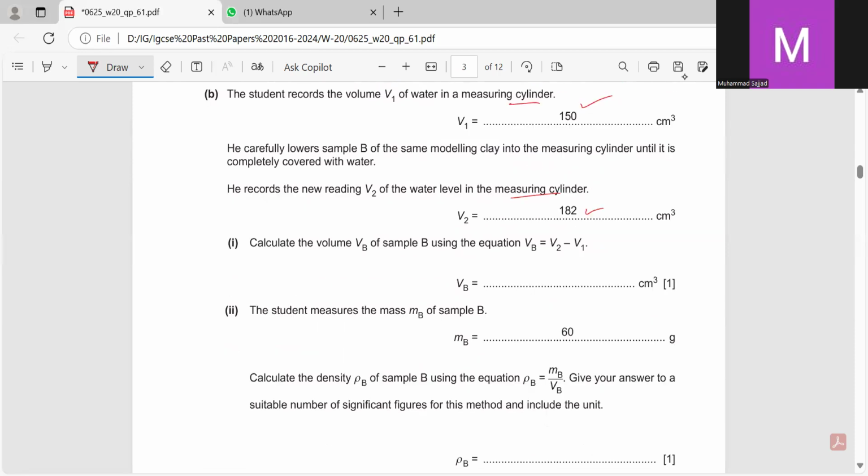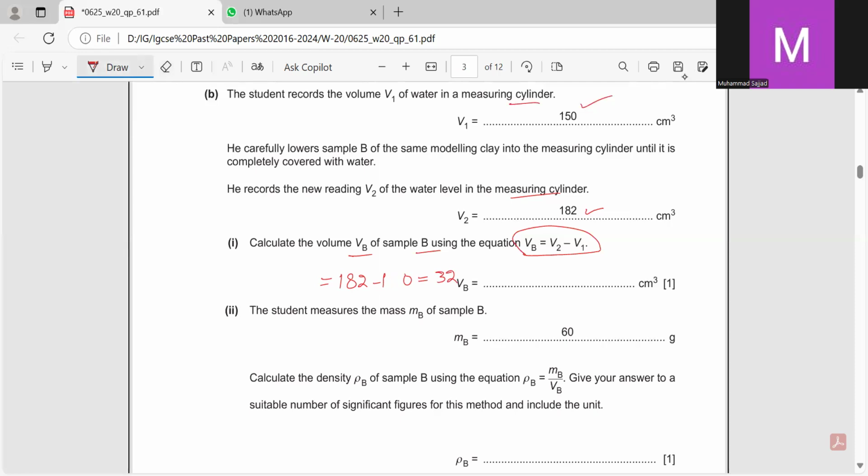Now calculate the volume Vb of the sample B using the equation Vb is equal to V2 minus V1. So the answer will be 182 minus 150, which is equal to 32 centimeter cube.